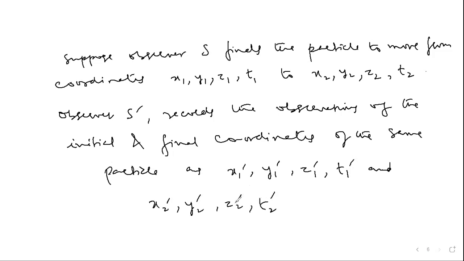So prime coordinates are relative to S prime observer, and without prime coordinates are relative to observer S.